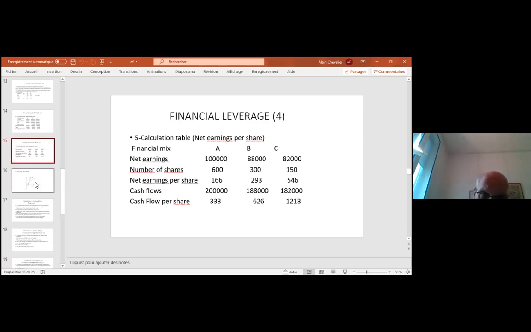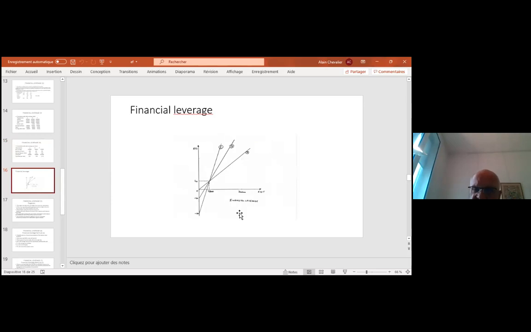And I'm trying to summarize all that very simply on the graph, trying to show you that the decision you make in the choice of financial structure depends on your expectations, your forecast in terms of return on operations. It's a clear function which has to be taken into account.